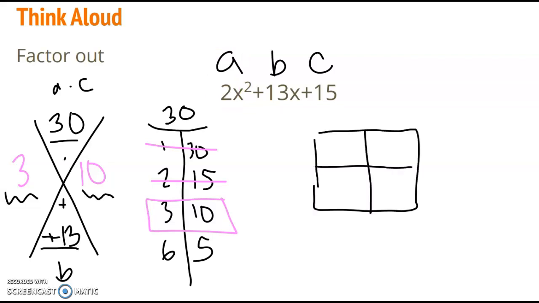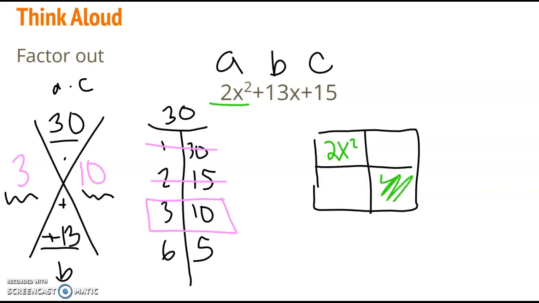Just as a reminder, the area model is just a rectangle split into boxes, and I'm going to be filling in the information from the expression. This first box right here is going to be the very first term in the expression, 2x squared.